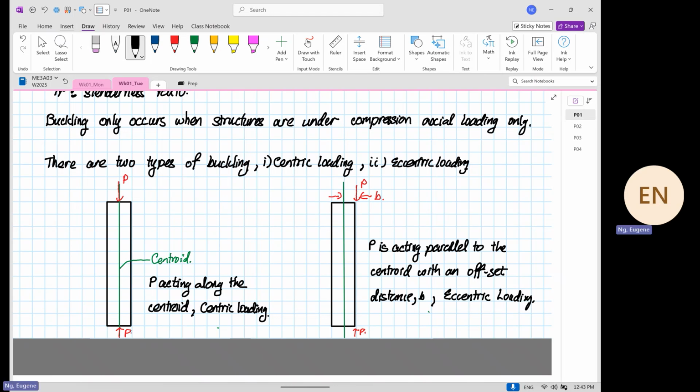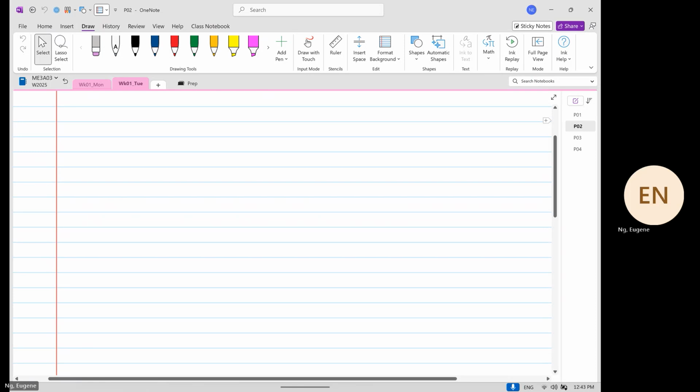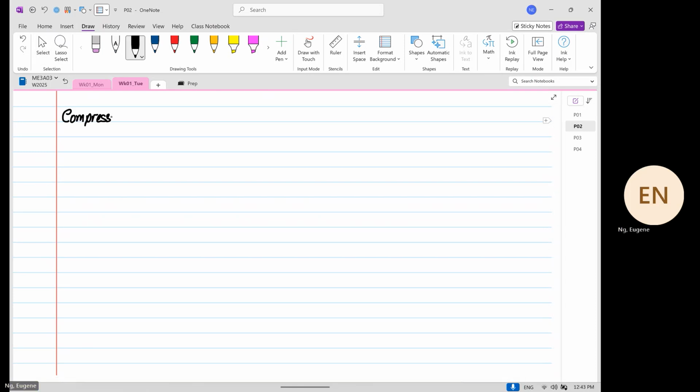Now, the mode of deformation is very different. The mode of deformation in buckling is very different from a load under axial loading on a rod that has a very big radius or very wide thickness. Let me elaborate. So let's look at compression, axial loading.